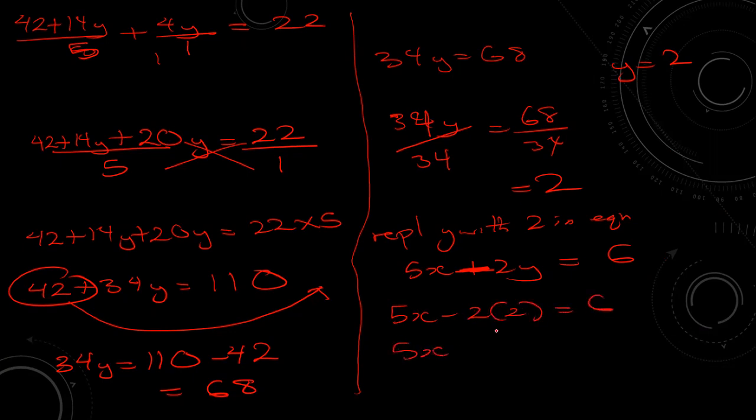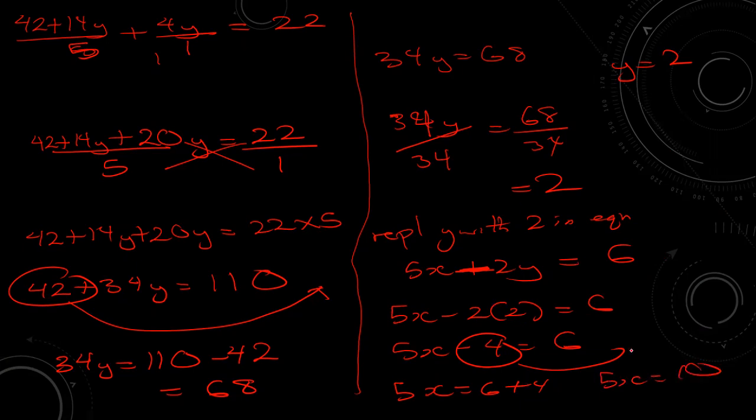So 5x minus 4 equals 6. We can move the minus 4 to the other side. 5x equals 6 plus 4. That means 5x equals 10.